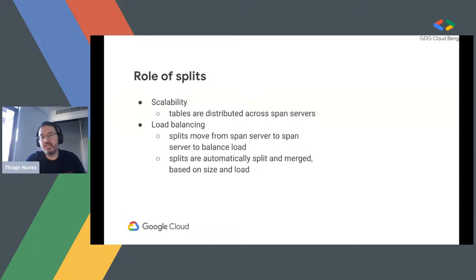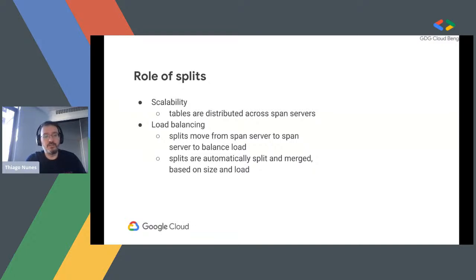They have 2 key responsibilities. The first one is that they are at the core of distributing the data across span servers. And the second one is that they are part of an automatic resharding and load balancing mechanism that we have in Spanner. So splits are not static, they're constantly on the move.